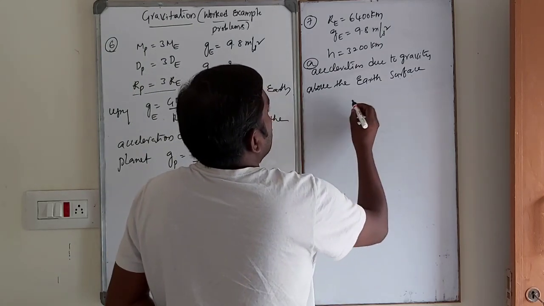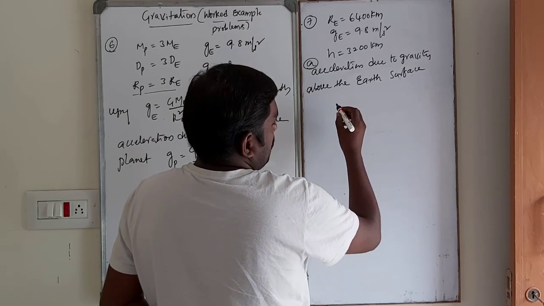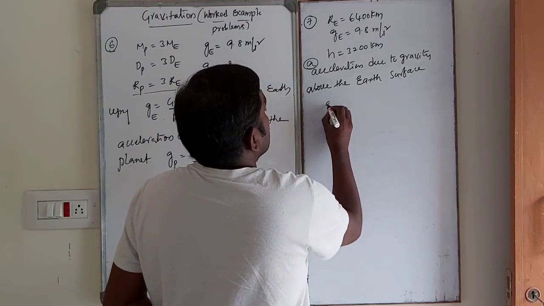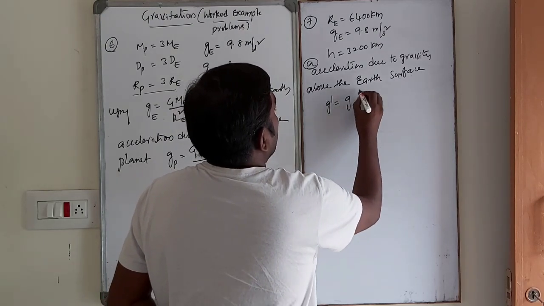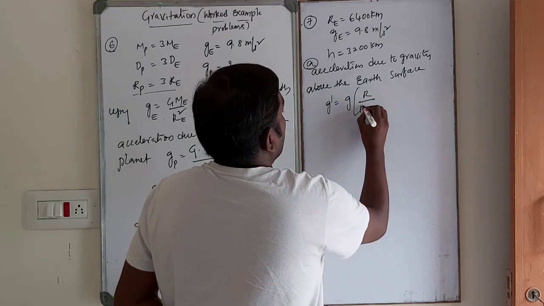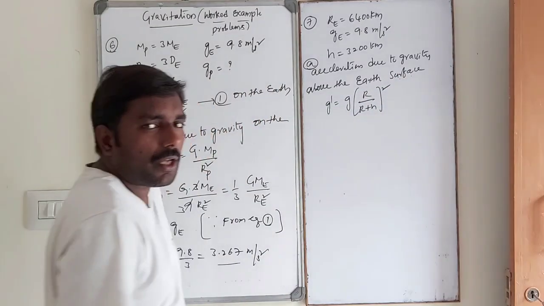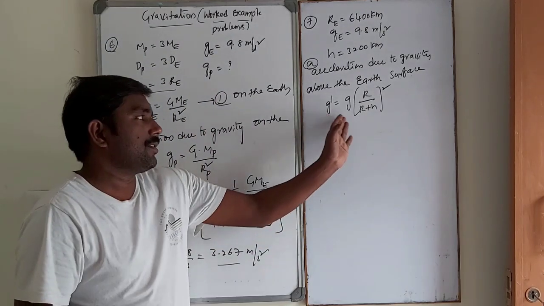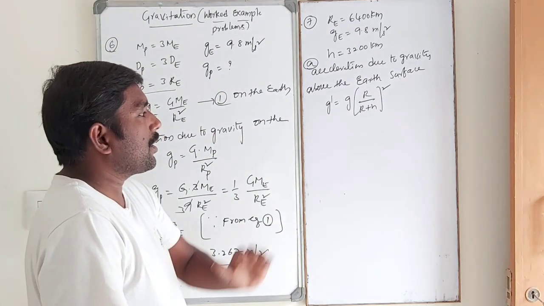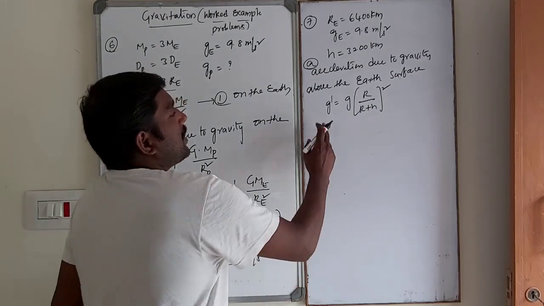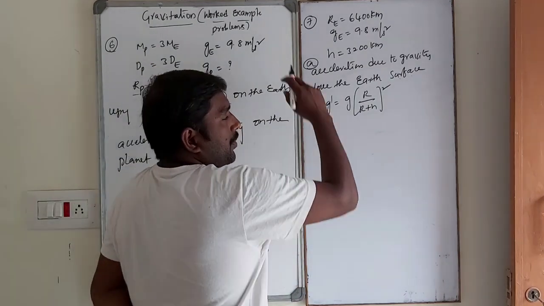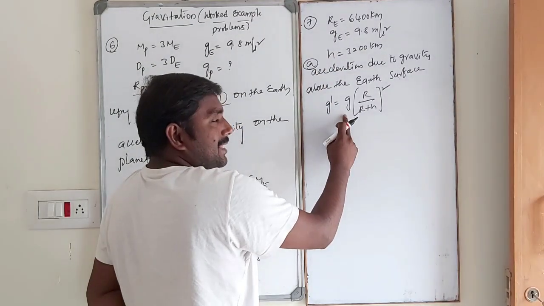See, above the surface, g dash is equal to g bracket R by R plus H whole square. This is the formula for acceleration due to gravity above the surface. g dash is the acceleration due to gravity above the surface, g is the acceleration due to gravity on the earth's surface, and R is the radius.